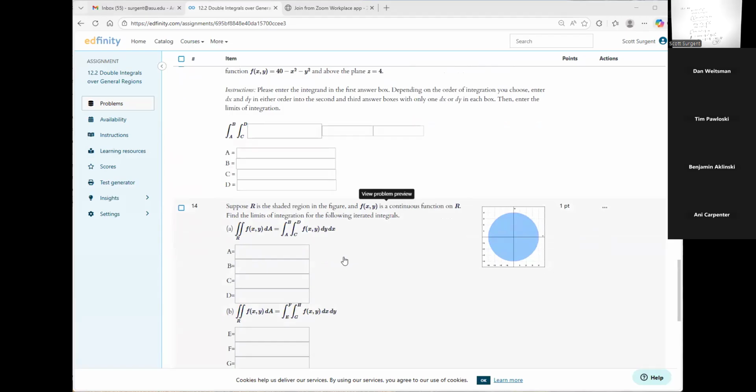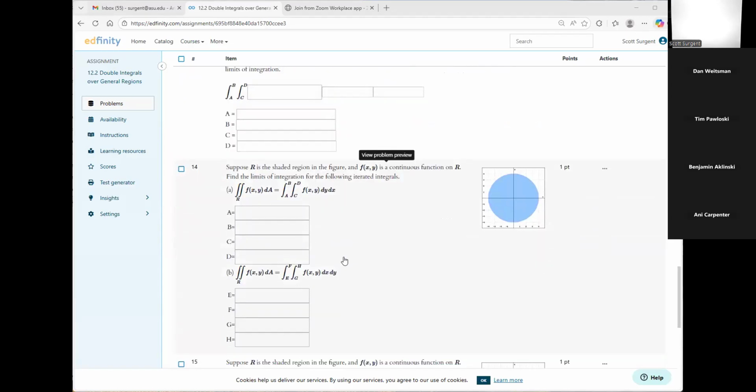All righty, let's take a look at this guy. So 12-2, number 14. Suppose R is the shaded region in the figure and f of x y is a continuous function over R. Find the limits of integration for the following iterated integrals.